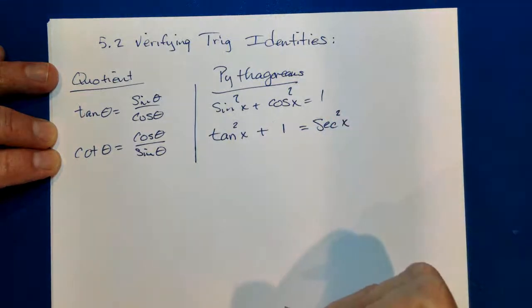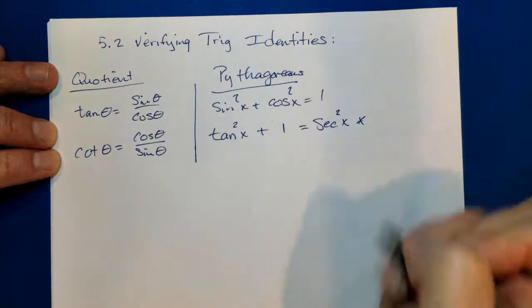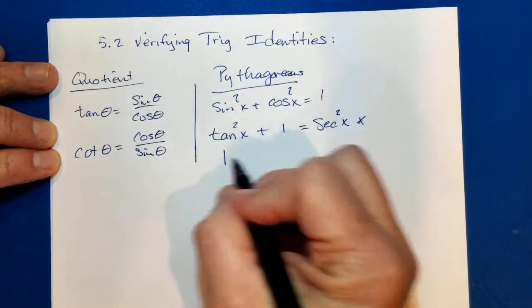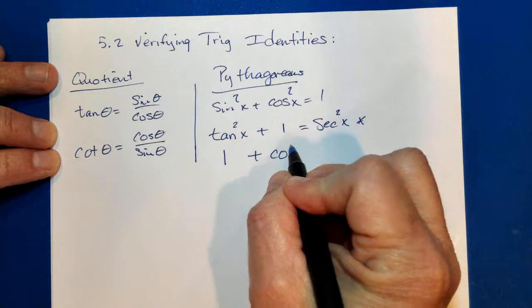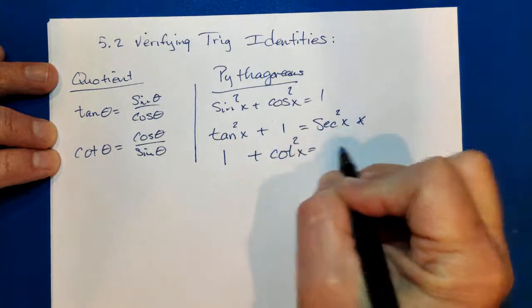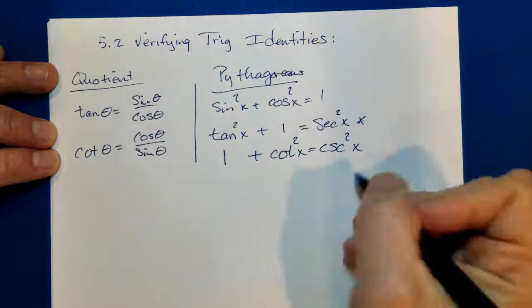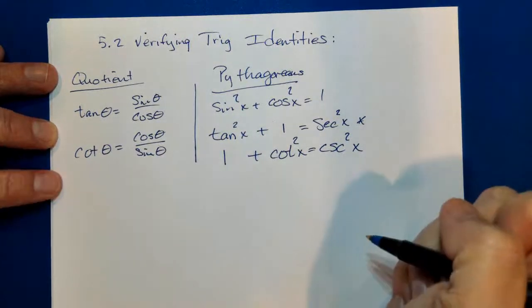Okay, and that's another fundamental identity. This one's new to us today. And then when we divide everything by sine squared, we have 1 plus cotangent squared x is equal to cosecant squared x. Used a little more infrequently, but pops up once in a while.